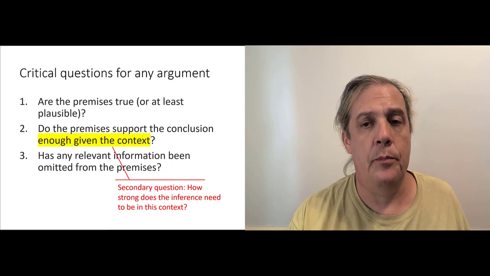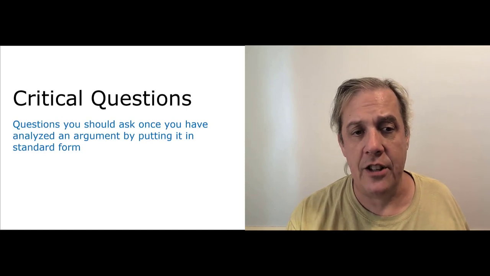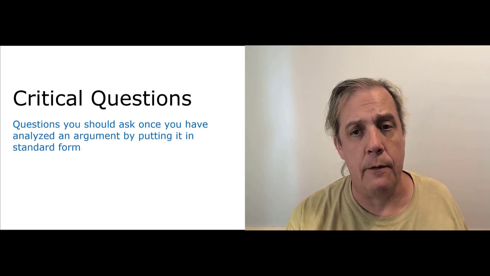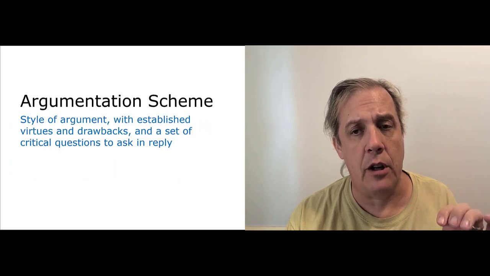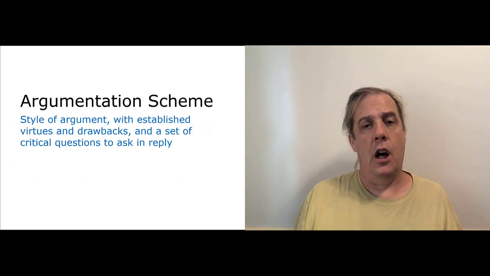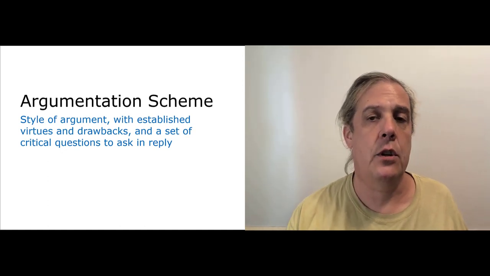So the critical questions are questions that we can ask once we've put it in standard form. And if we put it in one of these sub-styles, these argumentation schemes, there are additional critical questions that we can ask.